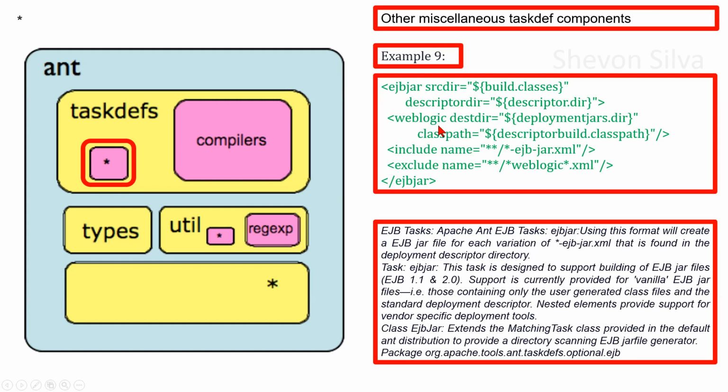Using this format, we'll create an EJB jar file for each variation of asterisk-ejb-jar.xml that is found in the deployment descriptor directory.